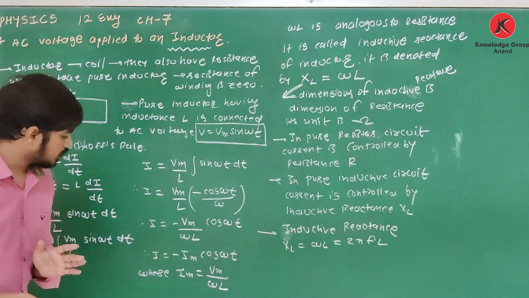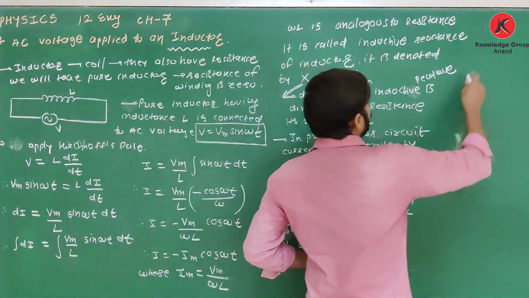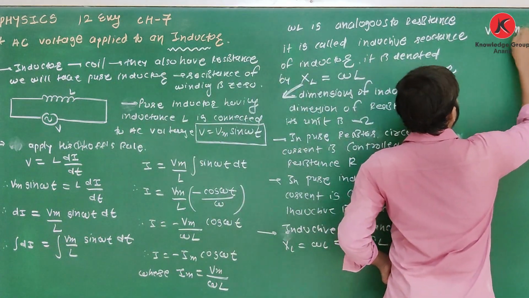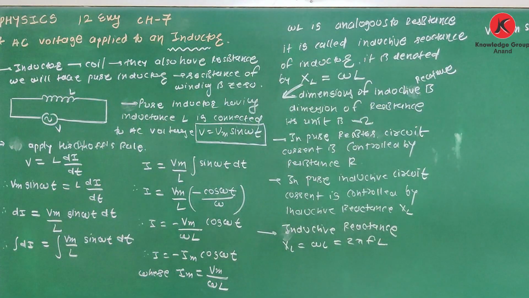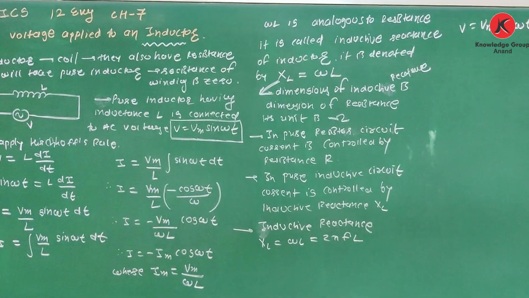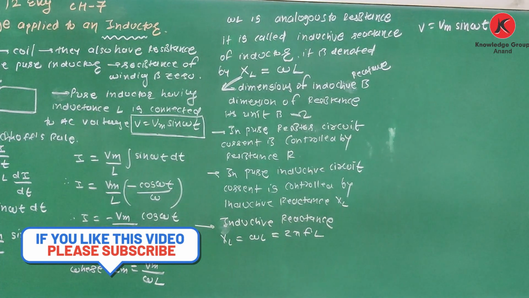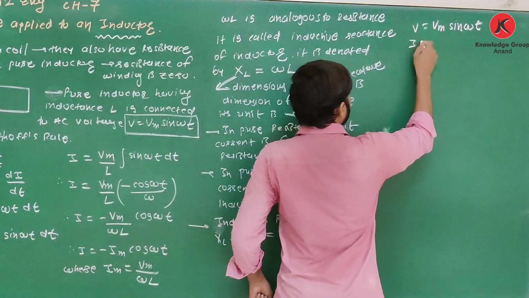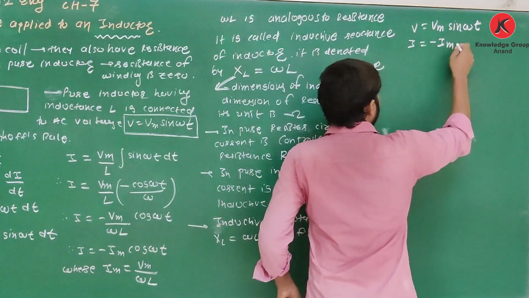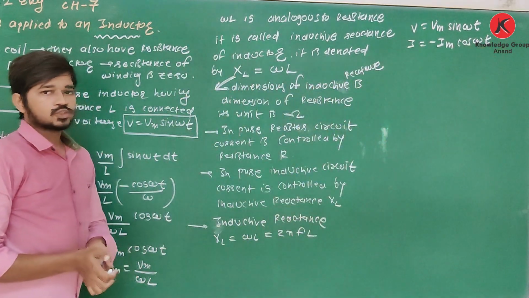Clear about this? Okay. Now, see, V is equal to Vm sin omega t. And what is equation of I? Here it is. Equation of I is equal to minus Im cos omega t.